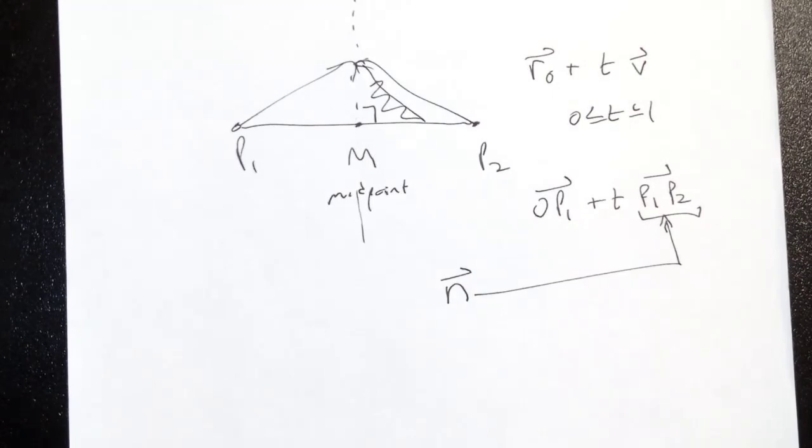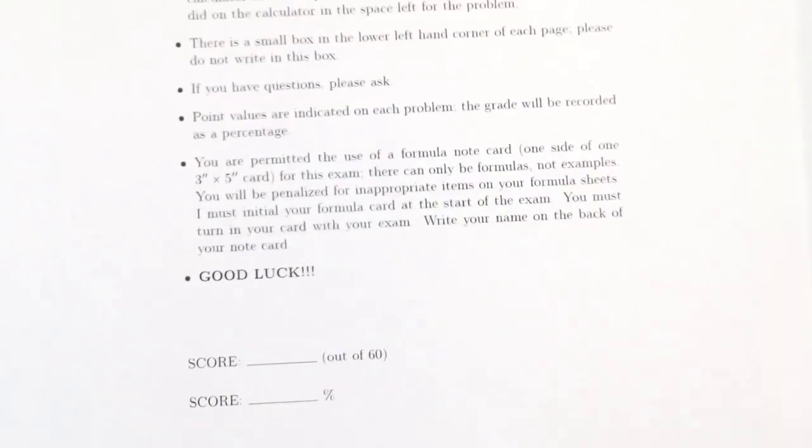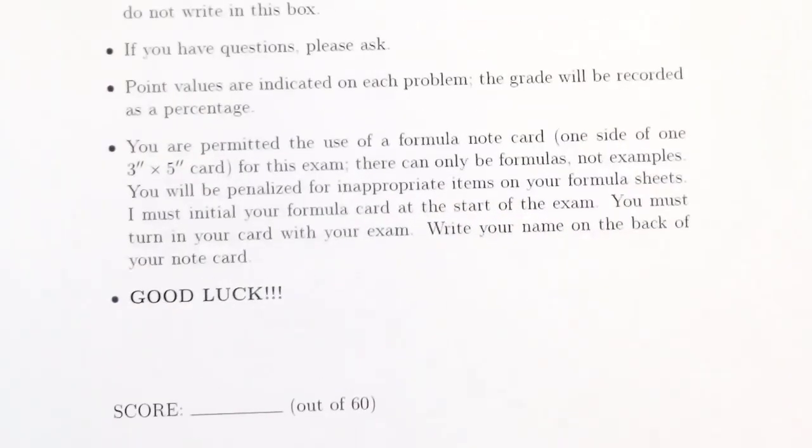Okay, I need to show you two things before we leave. Thing number one, this is the front cover of the exam. One side of one standard 3x5 card. If you don't have one, we have a bunch of them over in the Enrichment Center.